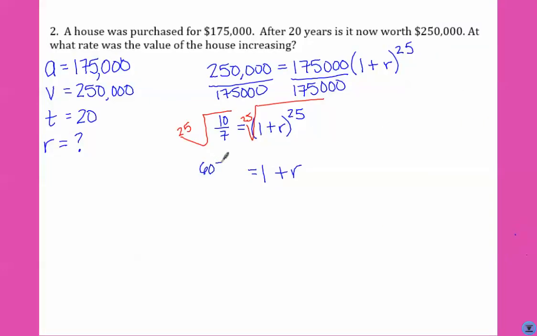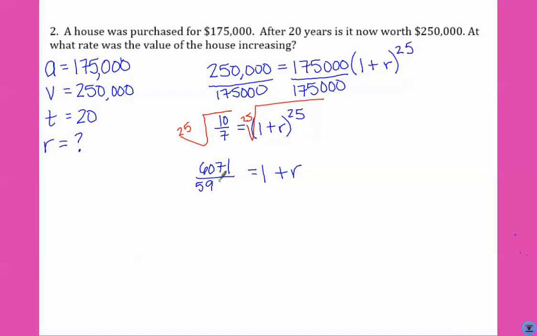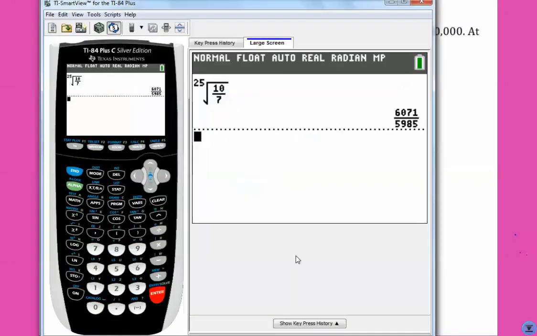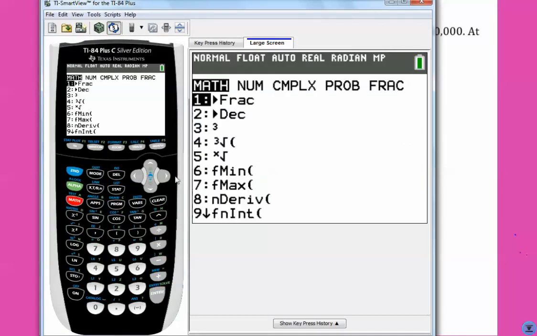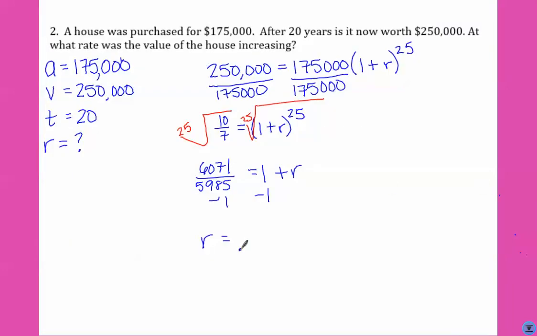Then we're going to subtract 1. So our rate equals, I'm going to change it to a decimal, 0.0143, which as a percentage would be 1.43%. To go from decimal to percent, you're going to multiply by 100.